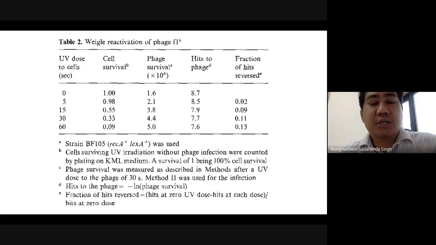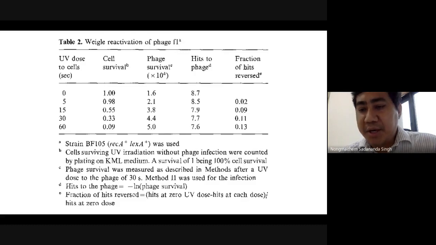So Radman hypothesized that with a long exposure to UV, the cell induces the expression of certain genes which lead to better survival of damaged DNA.